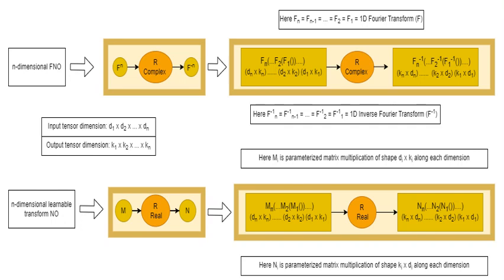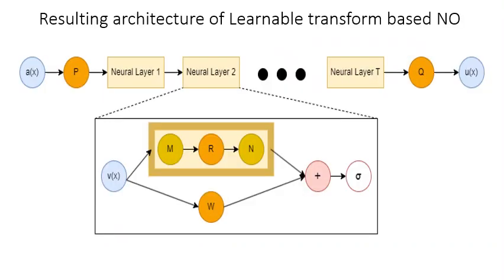Equivalent to FNOs, we extend our neural operator by taking n linear transformations over every dimension and don't share the weights of the linear transform across dimensions so as to keep the operations separate. This is one key difference between FNOs or WNOs and our architectures. Our operators aren't same across dimensions, nor are our operators inverses of one another, M and N, unlike FNOs or WNOs.